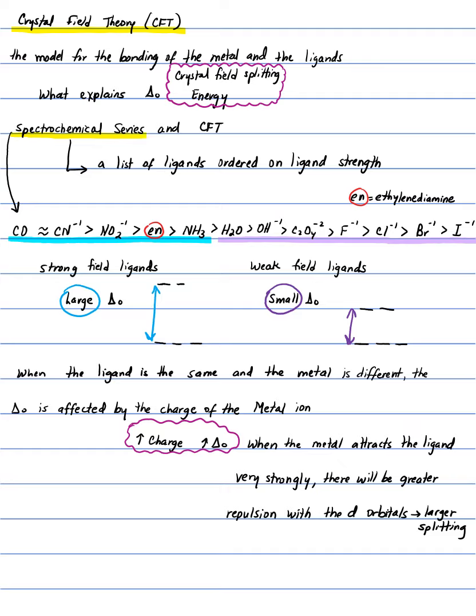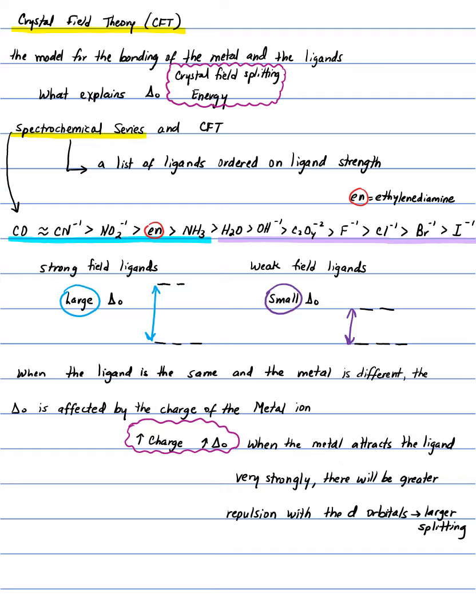When you have a metal that is bonded to a specific ligand, and now you have another complex with a different metal with the same ligand as the previous one, the splitting now is not going to be determined by the ligand because you have two different metals bonded to the same ligand.